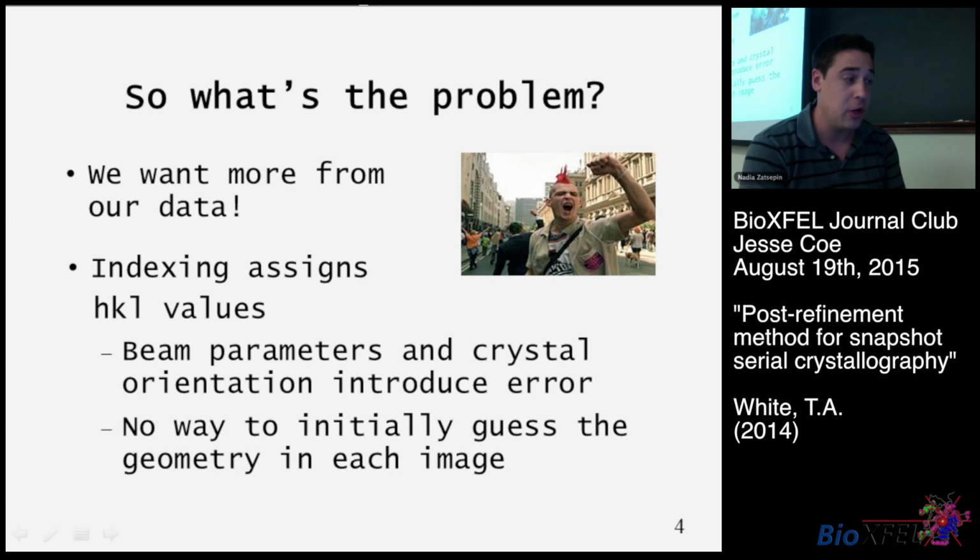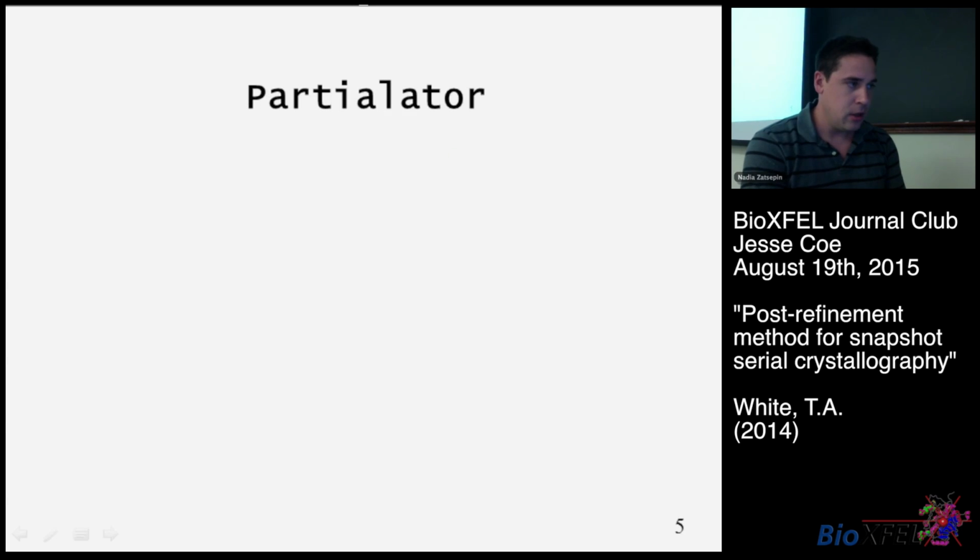And the more precisely we know that, the better our data is. And so with the initial indexing at this point, we have no way to guess the geometry more accurately in each image. And by this I mean kind of where are we on each reciprocal sphere? Which part of it, which fraction are we measuring?